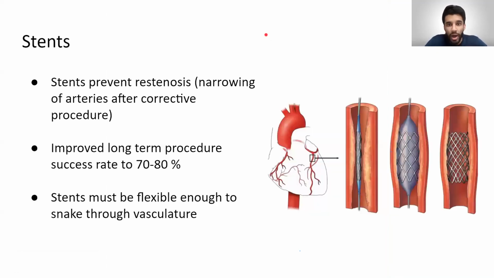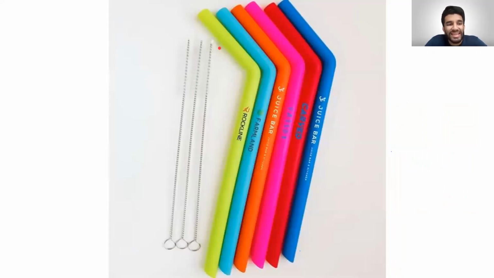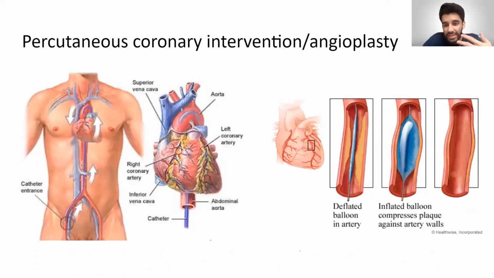Or on the converse side, if I had a thinner straw and I was able to put something in there, like a tiny balloon, to inflate it, to make sure my straw stays big, stays not narrow, stays nice and wide, nice and unobstructed, that would be a good way of dealing with that.